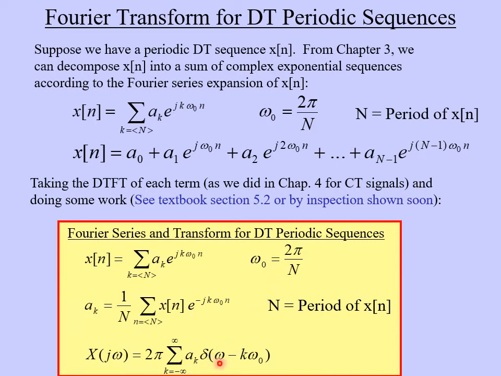Furthermore, these delta functions are weighted by the Fourier coefficients a sub k, and also by a factor of 2 pi. We'll see how this works out when we look at some examples, but this is almost exactly the same result as we had in chapter 4.